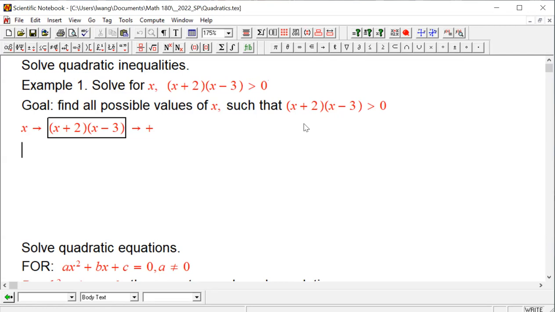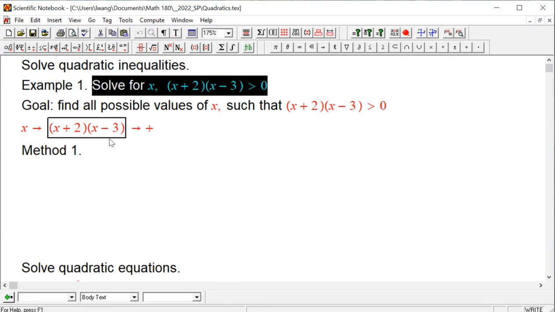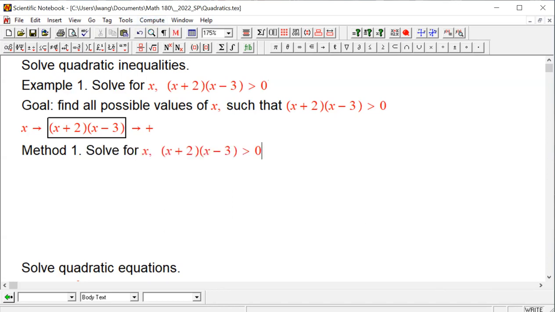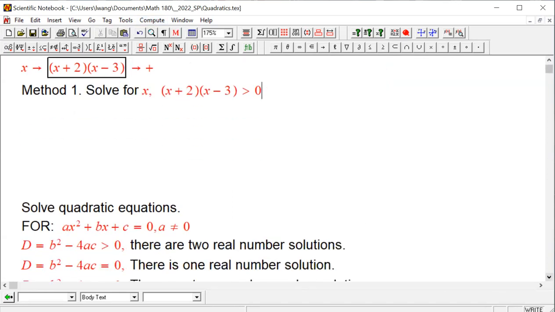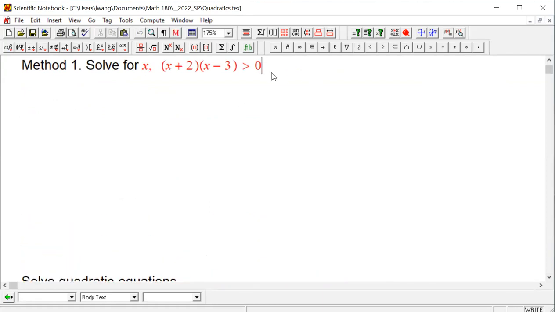But quadratic has been a very typical academic question, so solving its inequality is certainly discussed in many textbooks. Okay, so the first method is that we treat it as a product of two numbers.